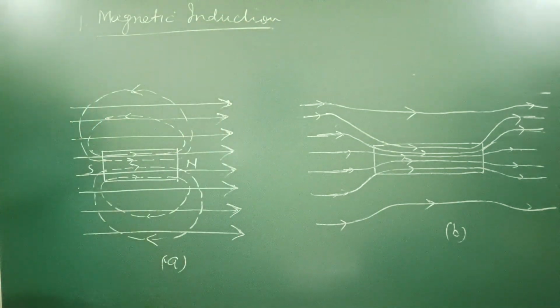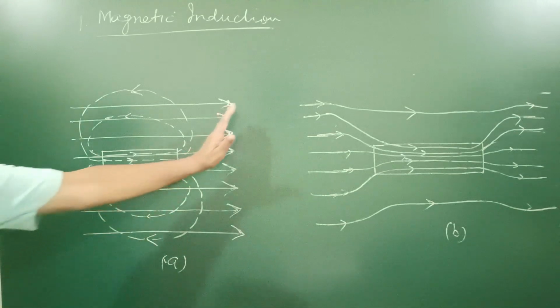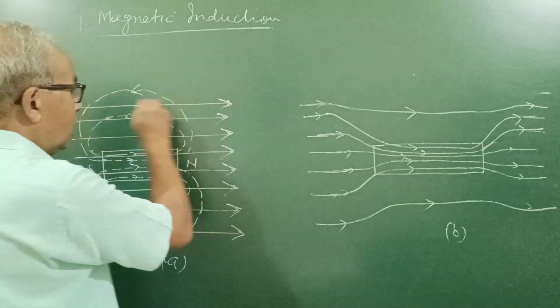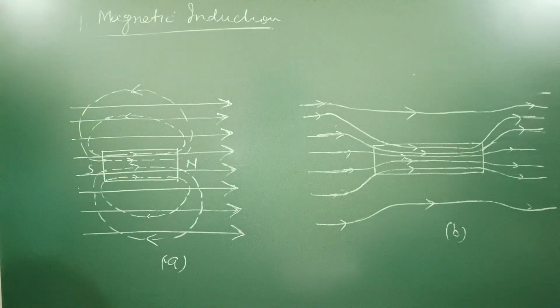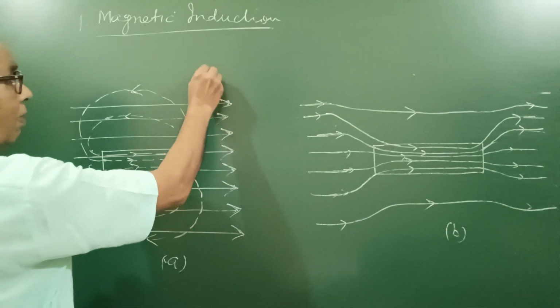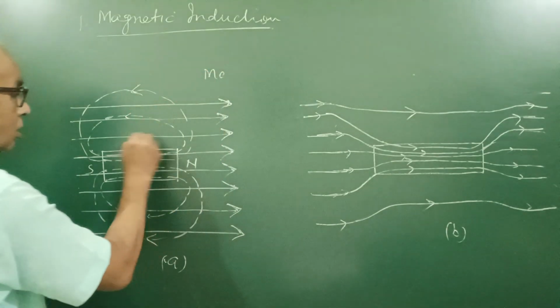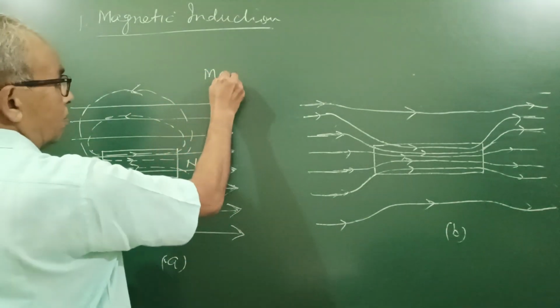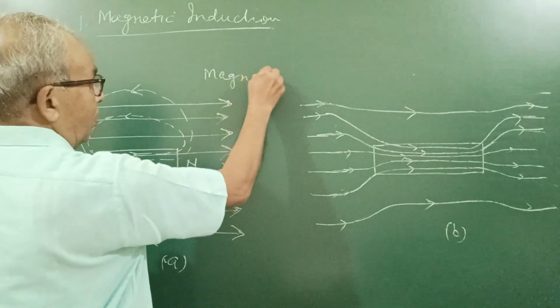This diagram shows some magnetic field. These lines represent the field lines of a magnet, called magnetic field lines.